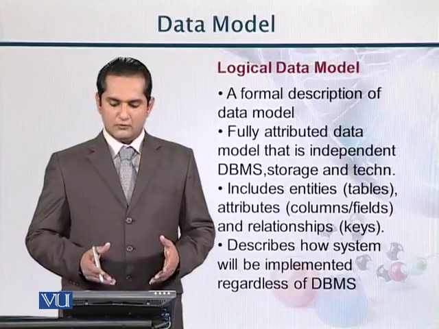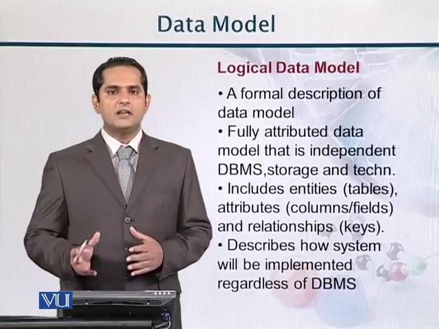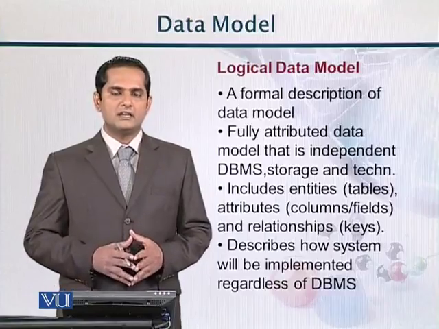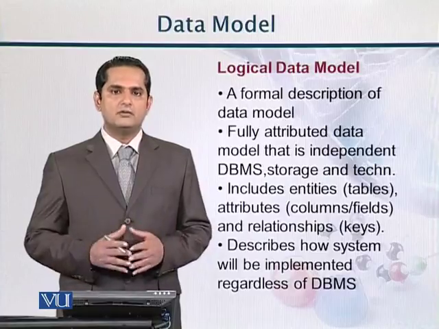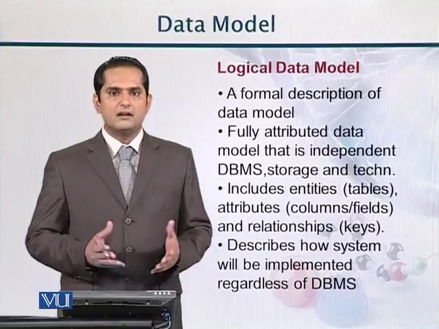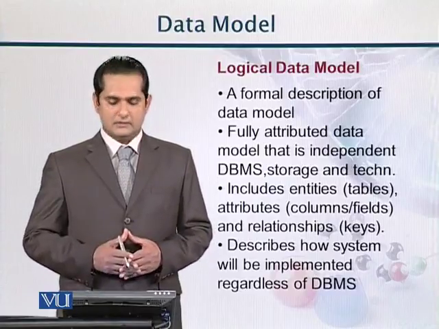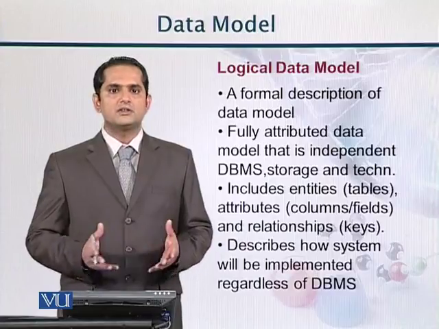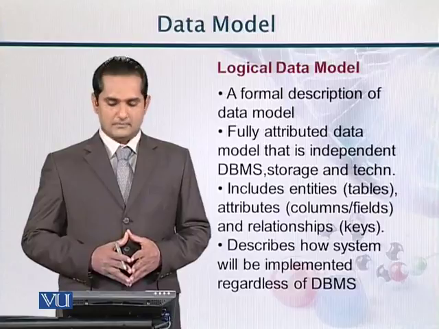Then it is a fully attributed data model, but it is independent of data management system. What are database management systems? I gave several examples before, like SQL, Oracle, and so on. It includes entities, which are basically tables, their attributes, which are columns, and then relationships. Relationships were represented by primary key, foreign key, unique keys.